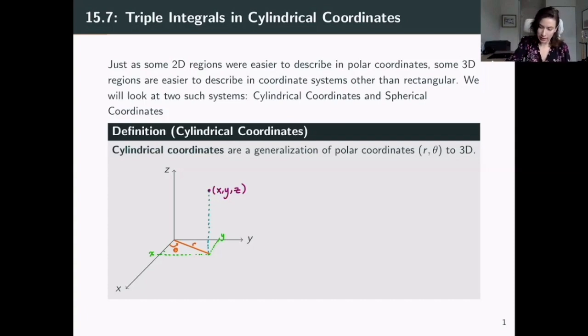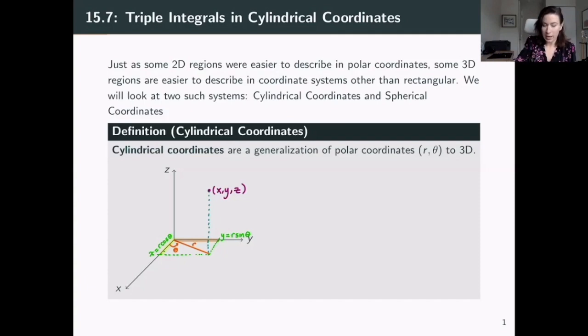Using a little bit of trigonometry, my x value is going to be equal to r cos theta. Similarly, if I look at the other edge, my y is going to be equal to r sine theta. So this allows us to take a point in three-dimensional space and represent it partially in terms of polar coordinates.